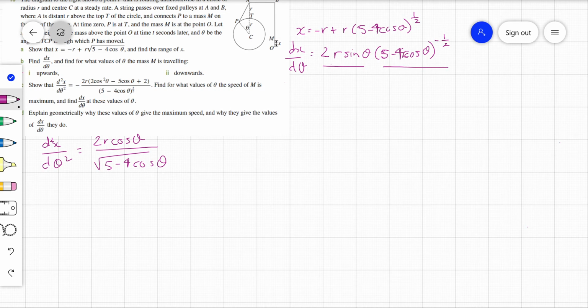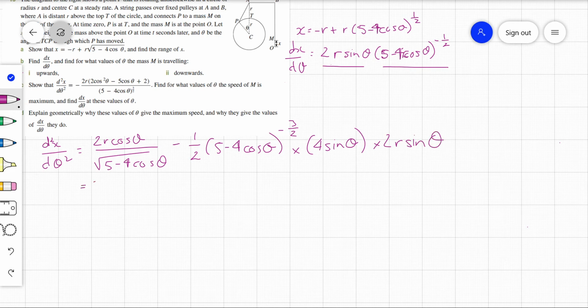Minus a half will come down to the front, so I'm going to go minus a half, I've got 5 minus 4 cos theta to the negative 3 on 2, and then go inside and times by, so negative 4 will go to positive 4 sine theta, and then times by our 2r, so our u sine theta. I think I've got it all there.